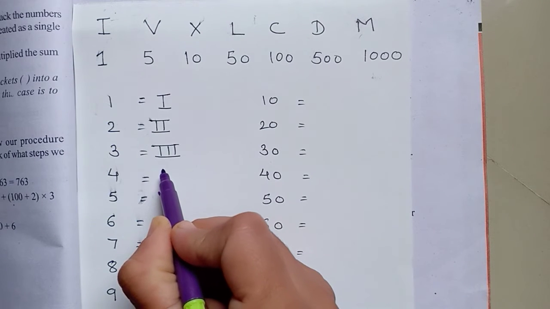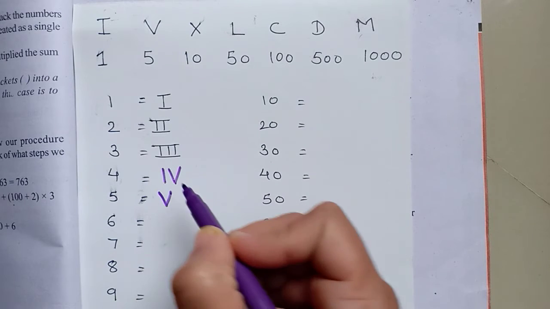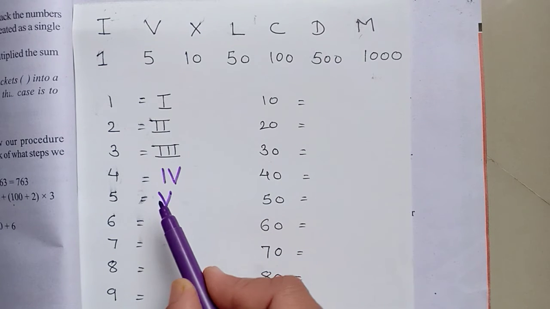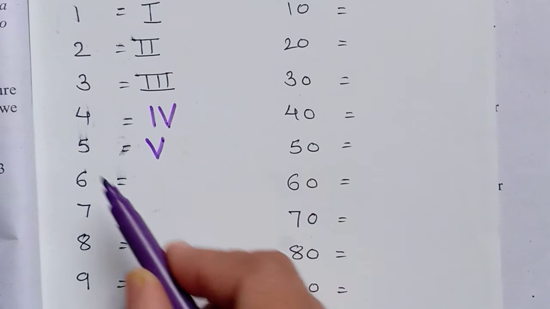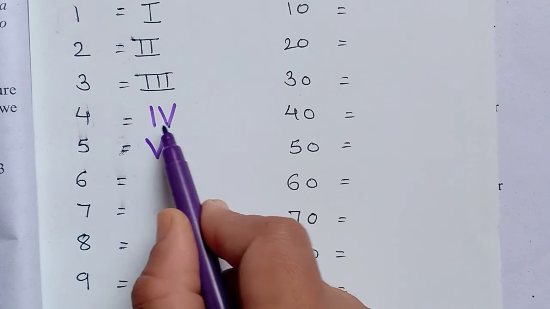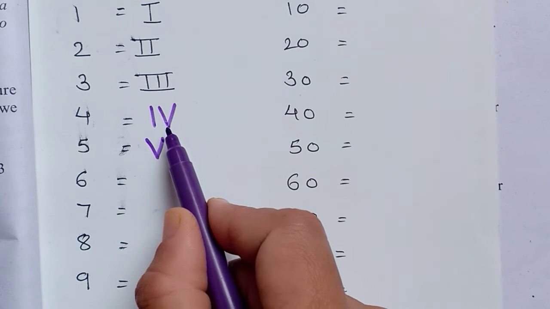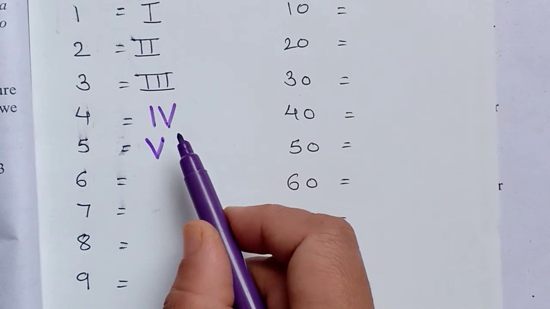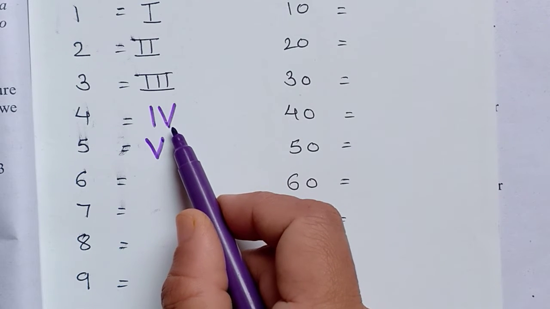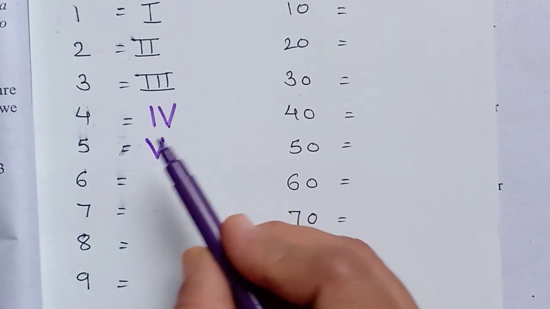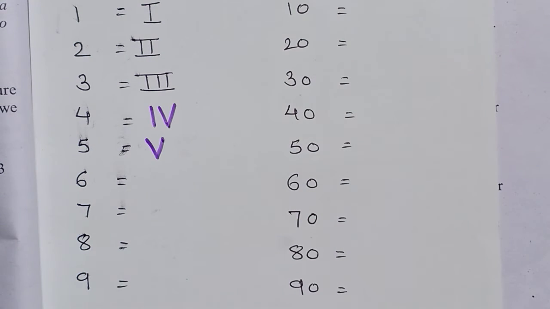So I have written 1 here and 5 here. See, for 4 I have written IV. As I told you in my previous video, whenever we write a small number before the big number, it is subtraction. So 5 minus 1 gives the answer 4.